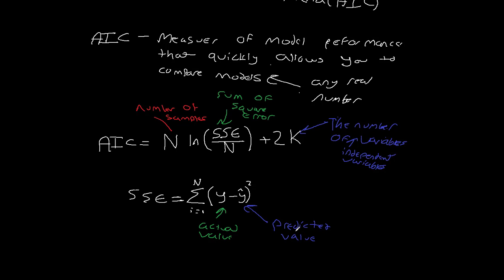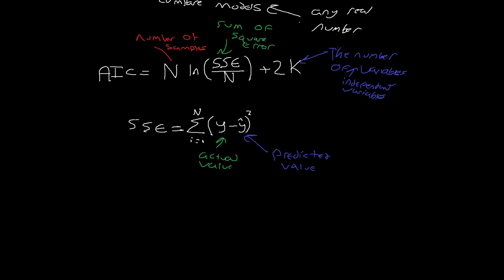So, a couple properties of AIC. Let me scroll down a little bit. Now that we understand where AIC is coming from, we see that it includes this error term. The closer y is to y hat, the smaller this number is.